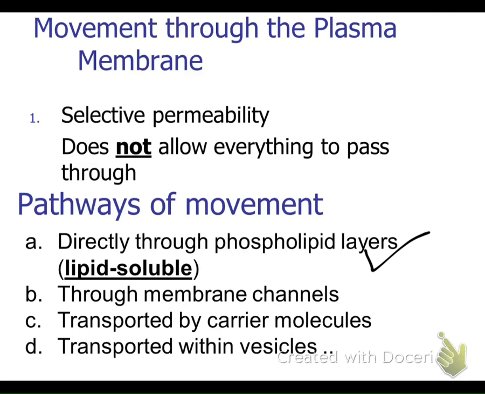A molecule can actually snake its way through, right through the membrane. For a molecule to do that, that molecule must be lipid soluble. For a molecule to move all the way through the membrane and to interact with those fatty acid chains, that molecule must be able to integrate with those lipids, and we would say that molecule is lipid soluble.